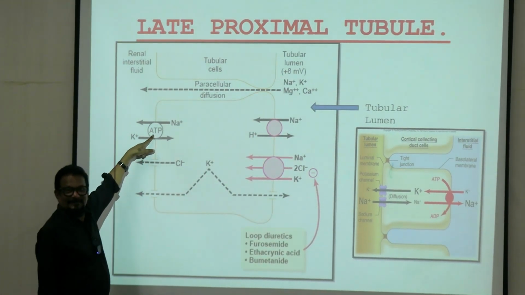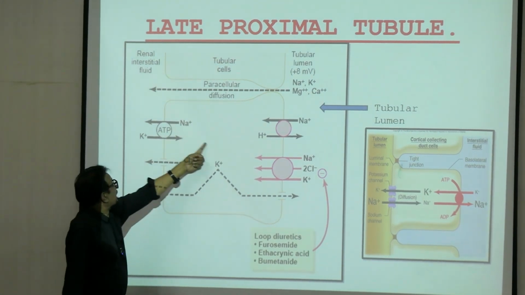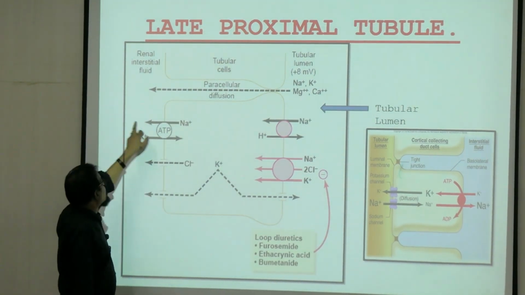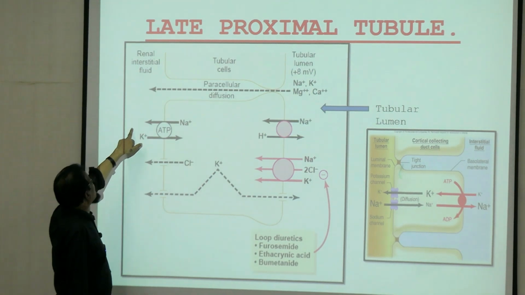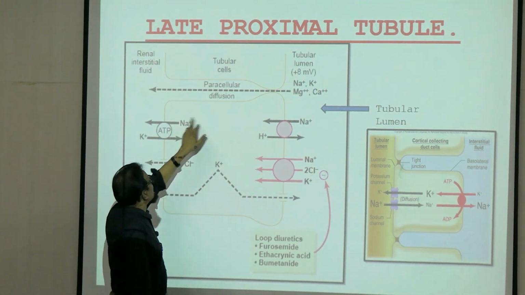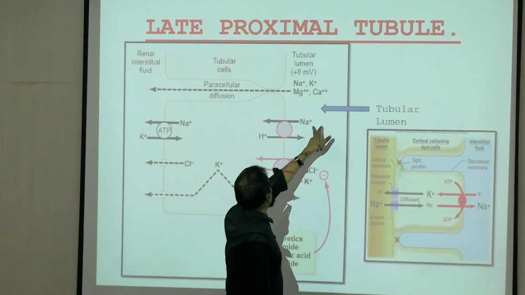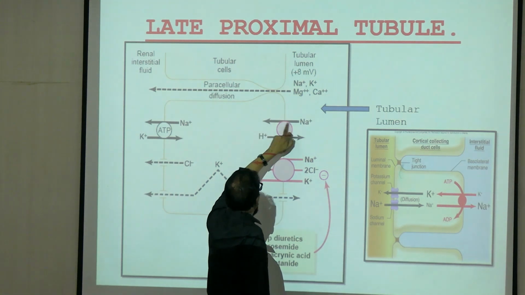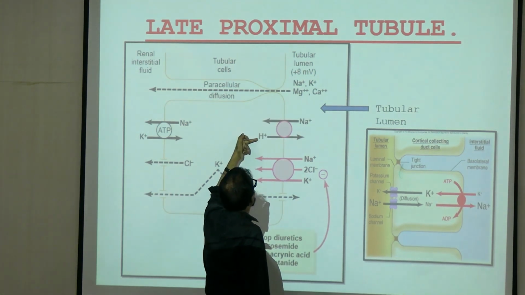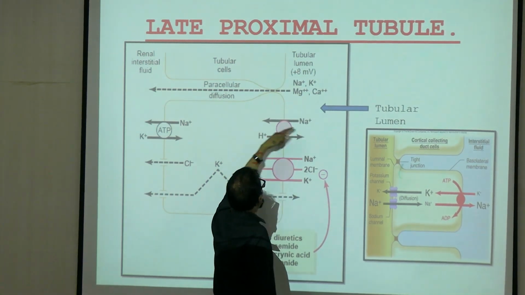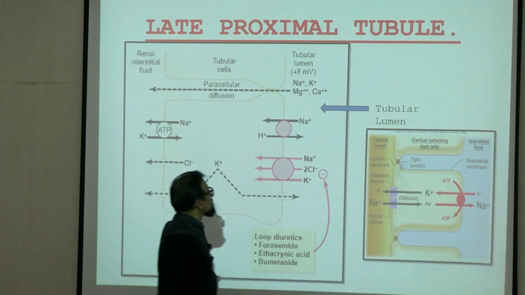The energy is created by this pump. They expel sodium from these cells into the renal interstitial, meaning from here to blood. As a result, the sodium concentration here is reduced, but outside is more. So sodium ion will enter, and through this enzyme, in return it will be excluded.